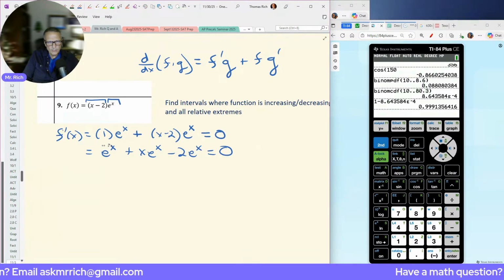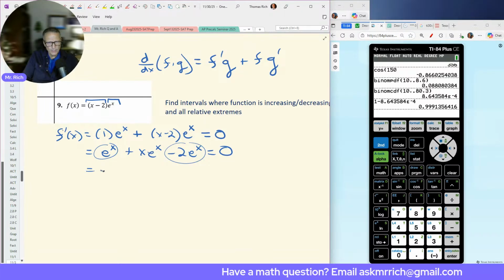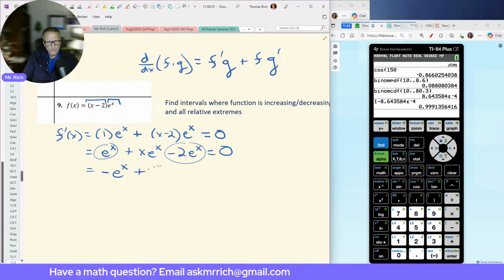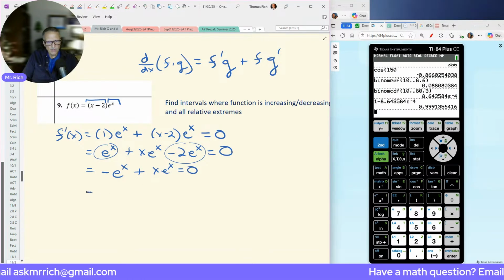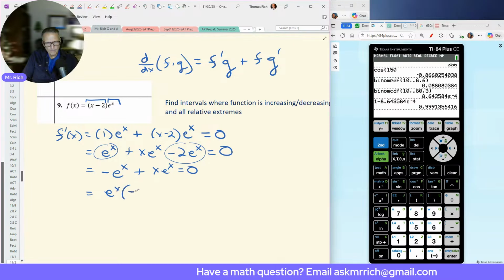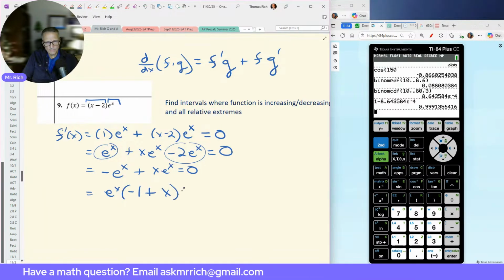But before we do that, let's combine these two terms. Those are like terms. So that would give me negative 1 e to the x plus x e to the x. We'll factor out the common factor of e to the x. That would give me e to the x times negative 1 plus x.